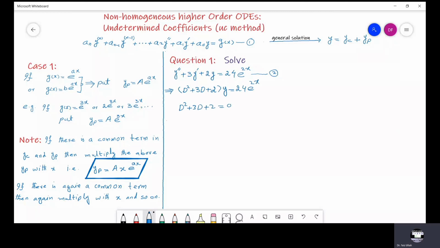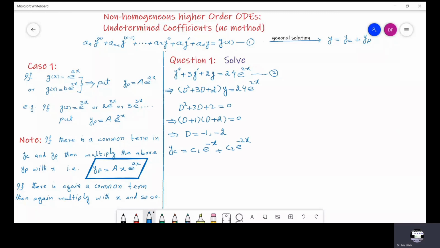And now if we factorize this, we get d plus 1 into d plus 2 is equal to 0. So we have two distinct roots, d is equal to minus 1 and d is equal to minus 2. So the complementary function yc is c1 e power minus x plus c2 e power minus 2x.